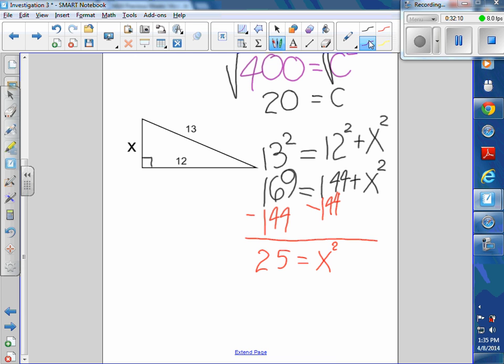So now you take the square root of both sides because you want to know what x is. That symbol is saying I'm finding x. So now we write x is 5. You get that?